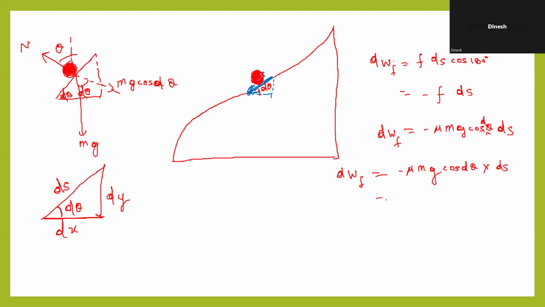And cos d theta is base by hypotenuse, and base is dx by ds, so ds is cancelled. So the work done by friction is minus mu mg dx. Now you just integrate with respect to x. And x will vary from where to where? From point A to point B.